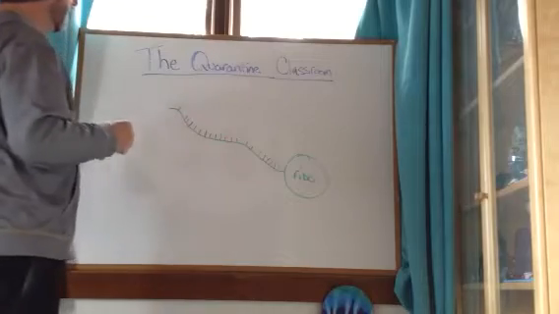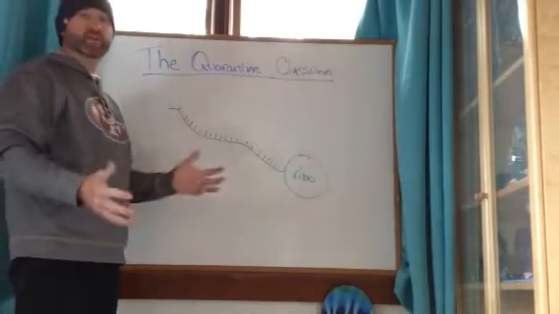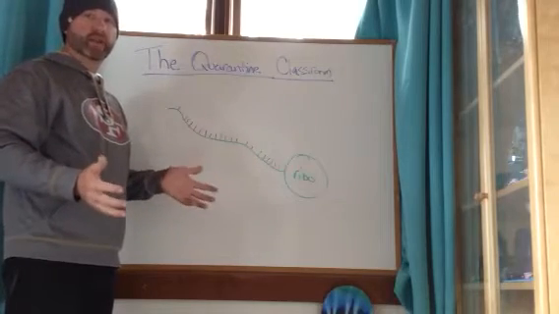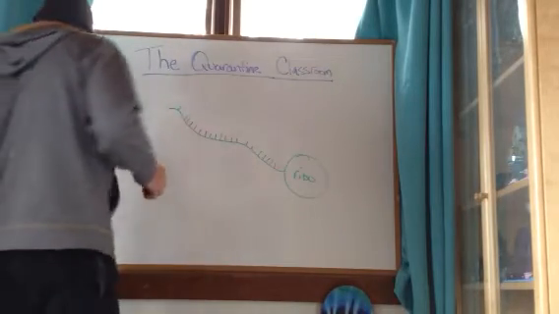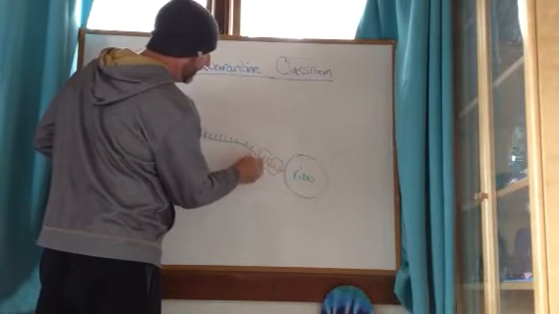Okay? So we have our order of nucleotides going into our ribosome, which tells us which proteins are going to be made.